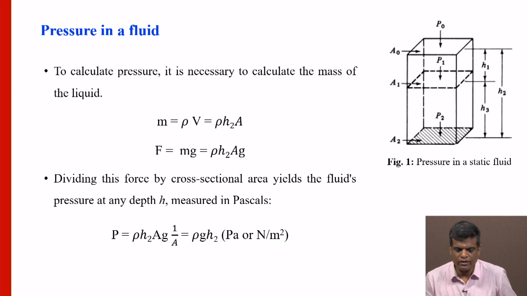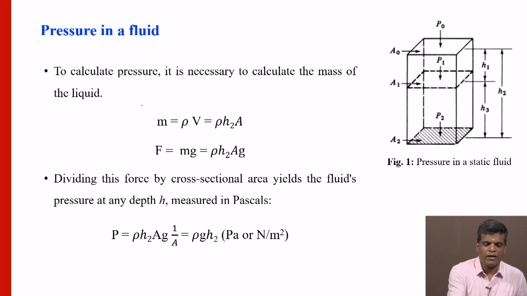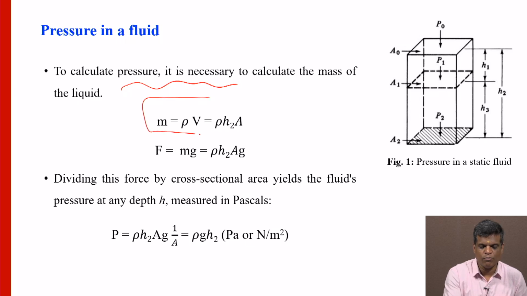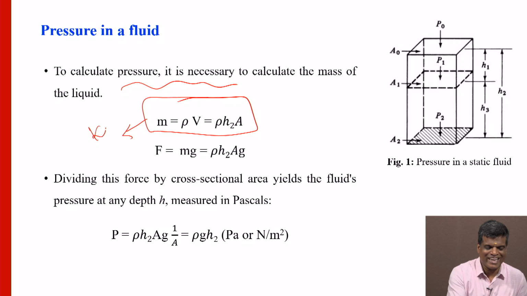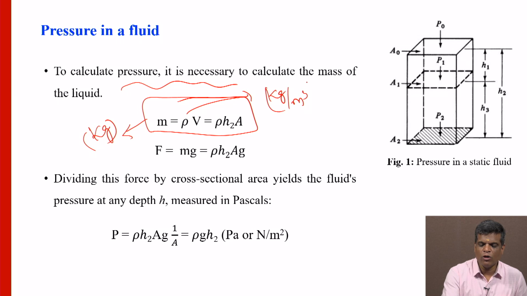Now, to calculate the pressure in a fluid, this is necessary for the derivation. We already discussed m equal to rho V. M is the mass in kg, density is kg per meter cube, and volume is meter cube. The meter cube cancels, and we get mass.